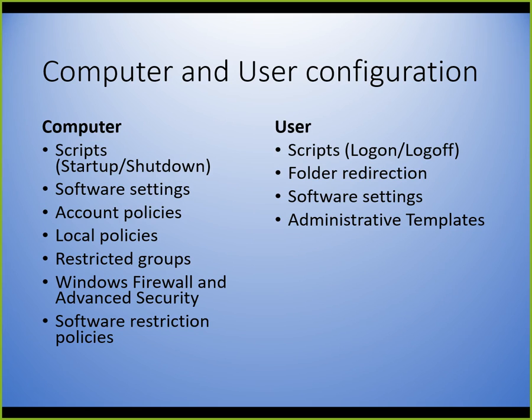Well, okay, you're sitting here in room 107 and you saved it in room 103. It's on that computer. What folder redirection will do is redirect all the saves to their home directory on the central server. The other advantage there is that the things get saved centrally. It's easier to back them up. We can do software settings, and then there are some administrative templates that are in there too.